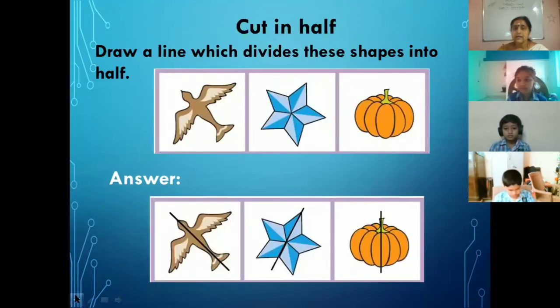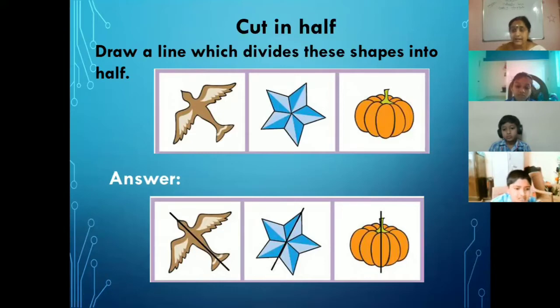Next. Here you can see that the picture is given for us. Cut in half. Half means the two parts should be equal. So draw the line which divides these shapes into halves. So what is the line called?